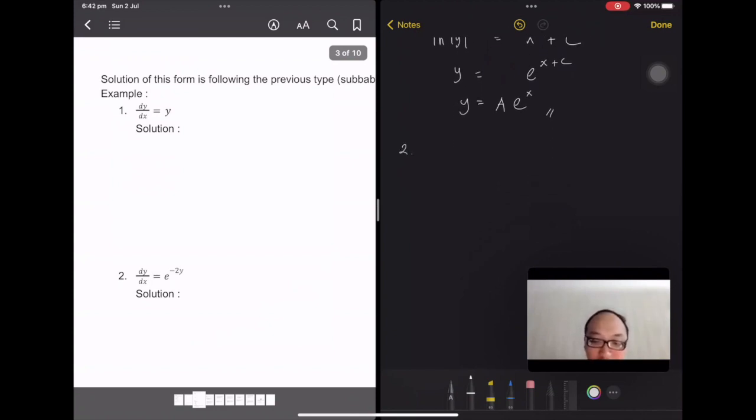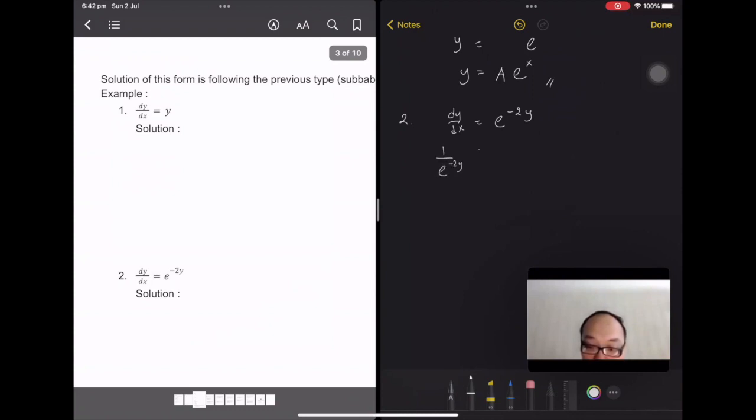Example number 2. dy/dx equals e to the power of negative 2y. Using separating variables, we can make it 1 over e to the minus 2y dy/dx equals 1.